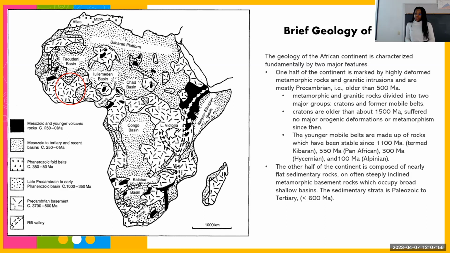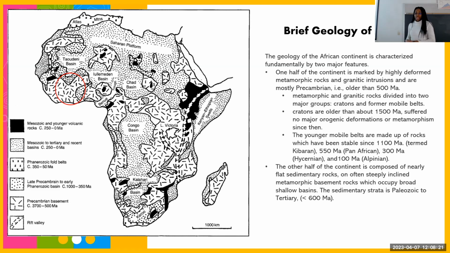The younger mobile belts are made up of rocks which have been stable since 1,100,000,000 years ago. So those rocks in particular have been termed the Kibaran. Then there are rocks that are 550 million years old, Pan-African, 300 million years old, the Hercynian, and 100 million years old, Alpine. Mobile belts referred to here are actually orogenic events or mountain building events.